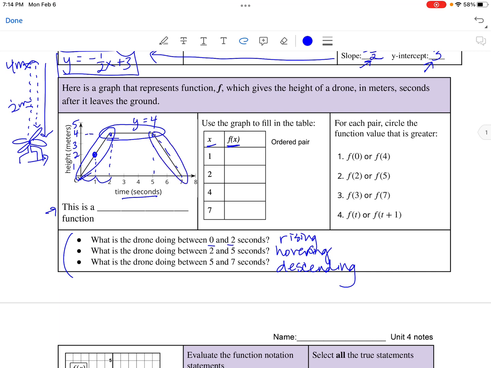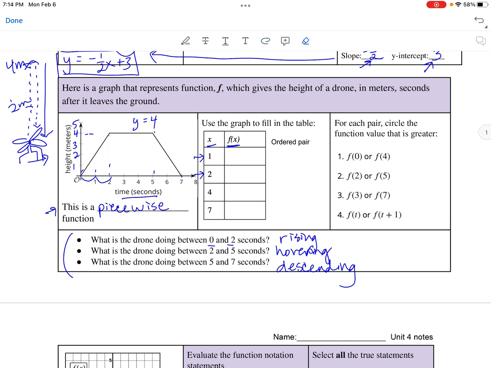And then this is a third linear equation. So we call this a piecewise function because it comes in 2 or more pieces, in this case 3 different pieces. There's no single rule. It depends on what interval we're talking about. So we're just going to use the graph to fill this in.